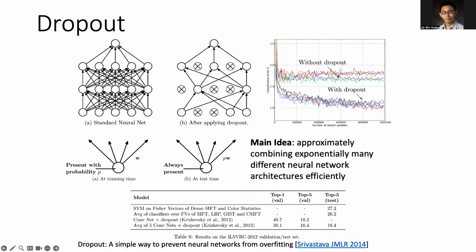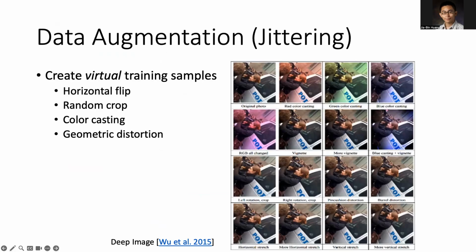Another one is jittering. Whenever you have data, the diversity of the data is very important for the model to generalize to unseen cases. But you only have a finite set of training data. So a typical way to improve model performance is to augment the data so that you have as if they are new data.